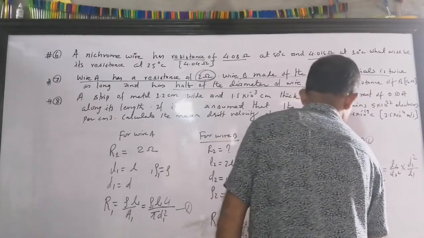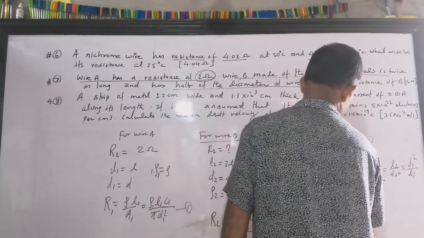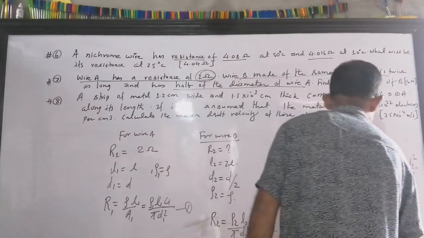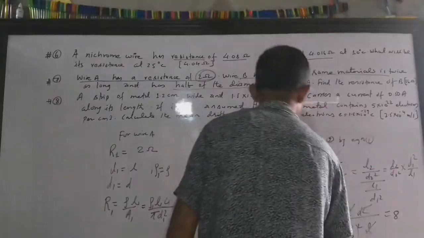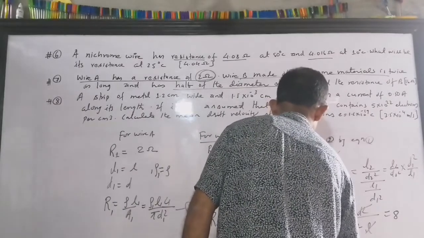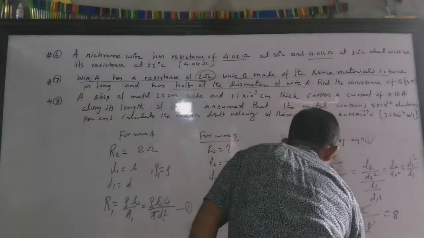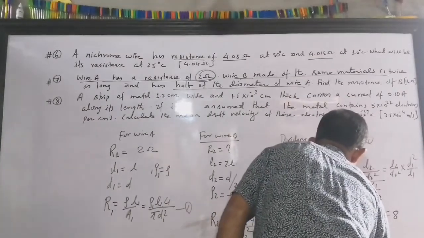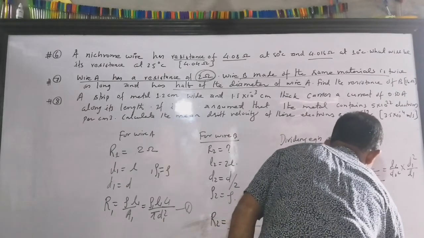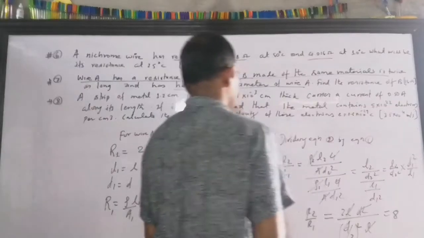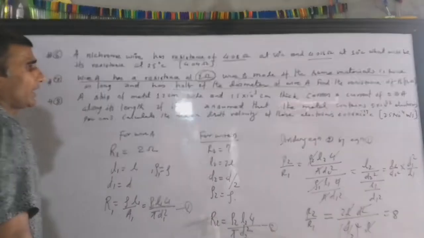D square also cuts, and 2 square goes up, becomes 4, and 4 times 2 is 8. So I got R2 by R1 equals 8. And so what will be R2? R2 equals 8 times R1. So 8 times R1 is 8 times 2, 16 ohm. So that was the resistance of the second wire.